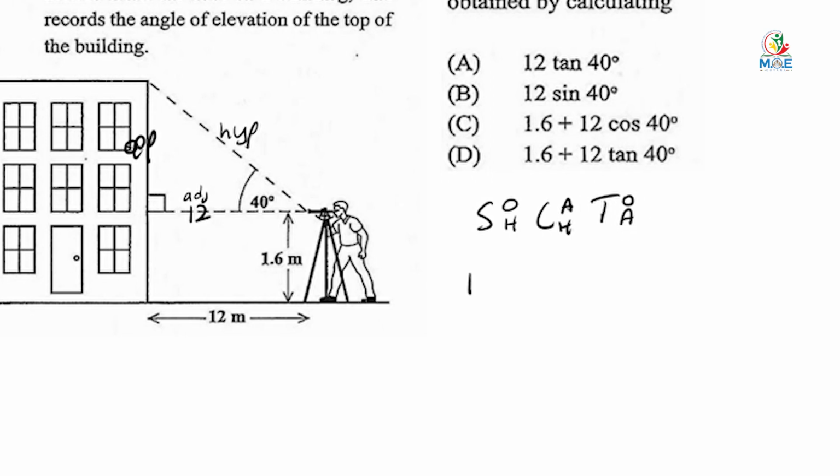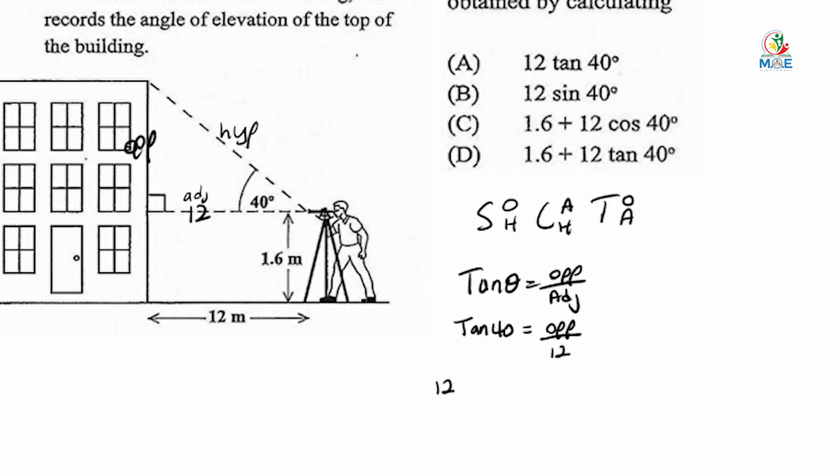So we can say tan theta is equal to opposite over adjacent. So tan theta in this case, tan 40, is equal to the opposite, which is the thing that we want to find, over the adjacent, which is 12. So this 12 is divided, we take it over and multiply.